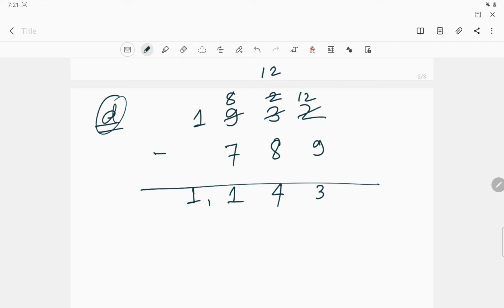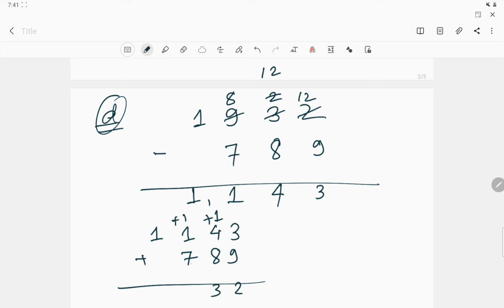1143. Now you have to check your answer. So add the difference with the subtrahend. So 9 plus 3 will be 12. So write down plus 1 here. 8 plus 4 is 12, plus 1 is 13.